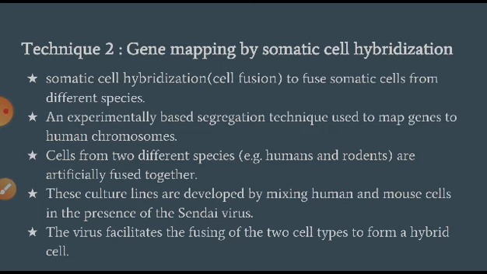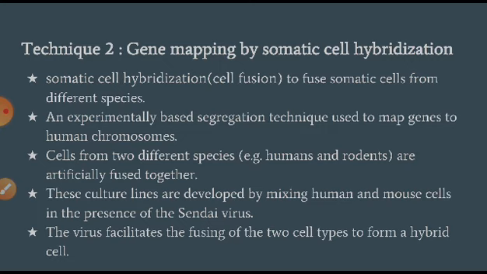Technique 2 is called gene mapping by somatic cell hybridization. Here hybridized forms are formed by using somatic cells. Somatic cell hybridization, which we call cell fusion. Here the word hybridization means something new which is going to form by using two different things. So somatic cells are going to get fused together and make a hybrid, fusing somatic cells from different species.